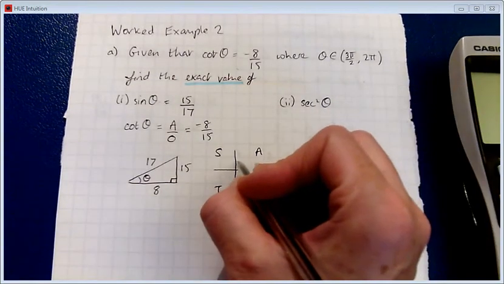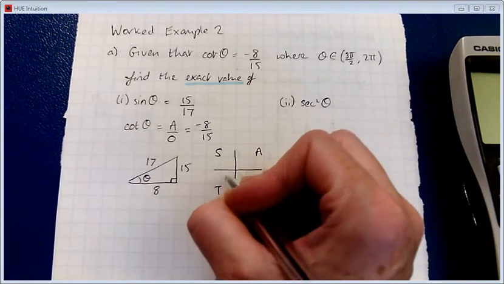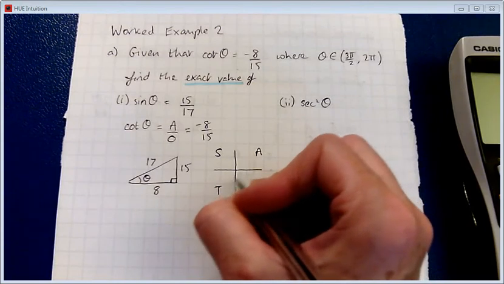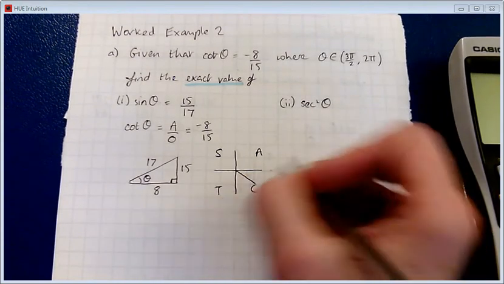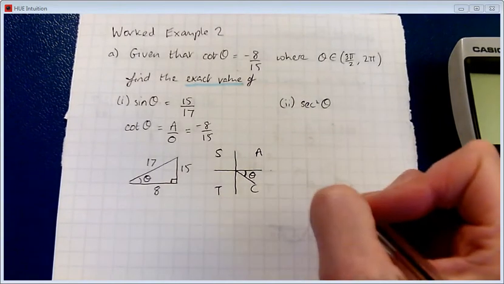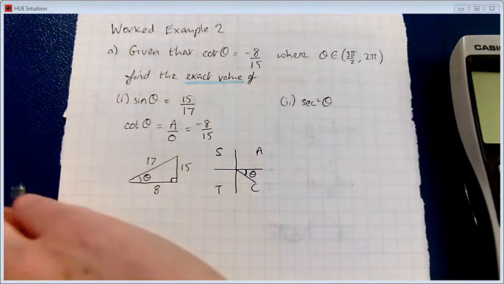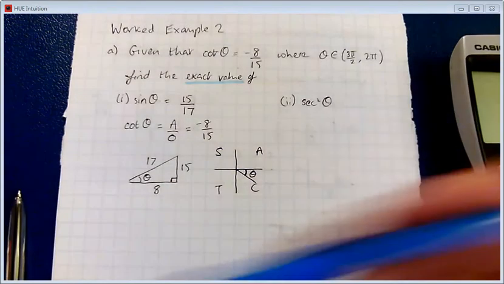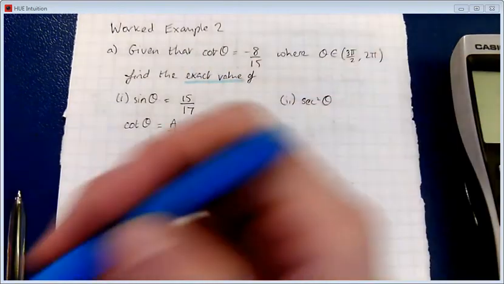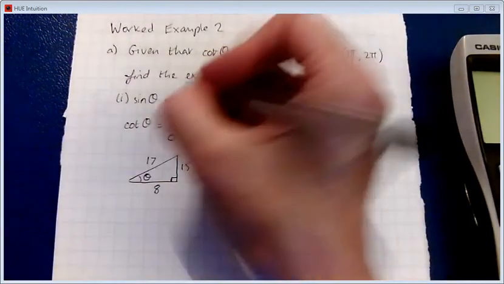So we go around, there's π/2, there's π, there's 3π/2, we keep going to 2π, so somewhere in this region. So I'm going to draw my stick there. I always draw the angle made with the x-axis. So in this region we can see that the only thing that is positive is cos. So that tells us that sine will be negative.